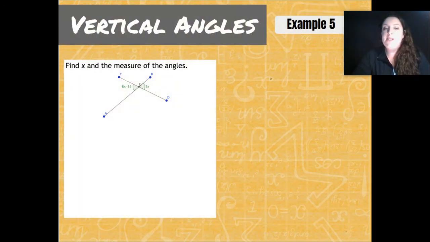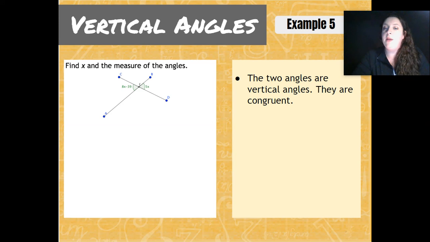So if we were to find x, given these two angles, you would have to set the two equations equal to each other. 8x minus 39 equals 5x. And then you will solve for x. So the two vertical angles are congruent, which means they are equal. 5x equals 8x minus 39.